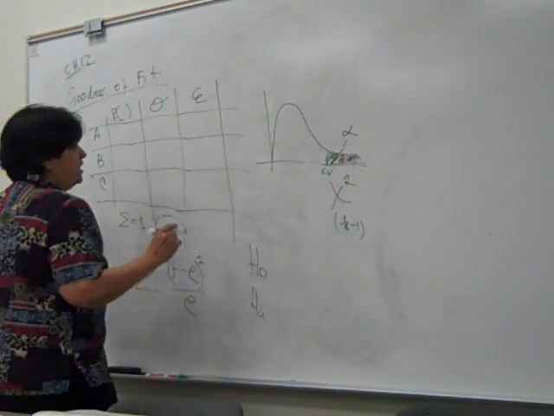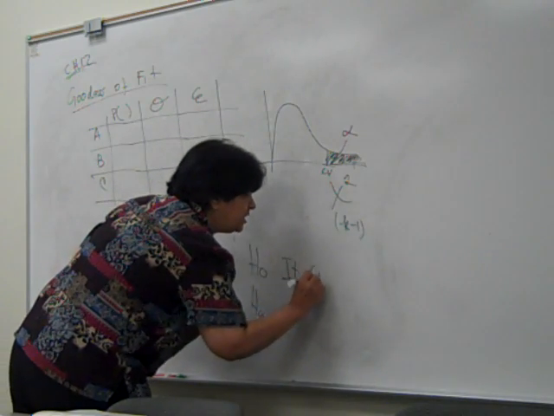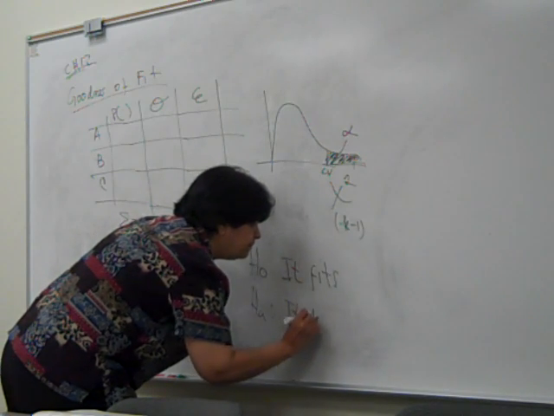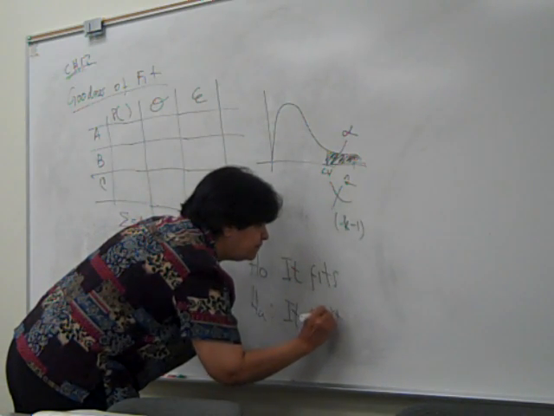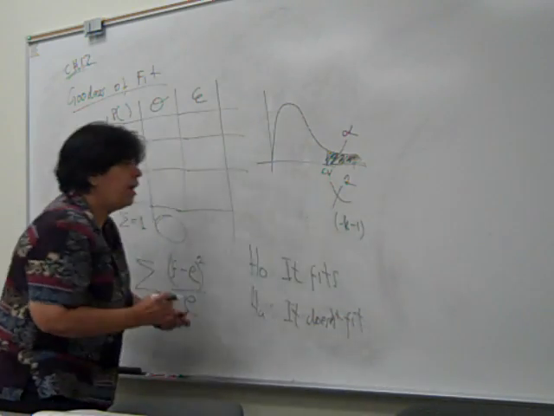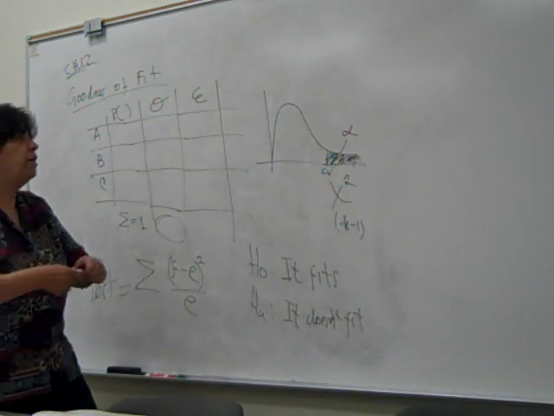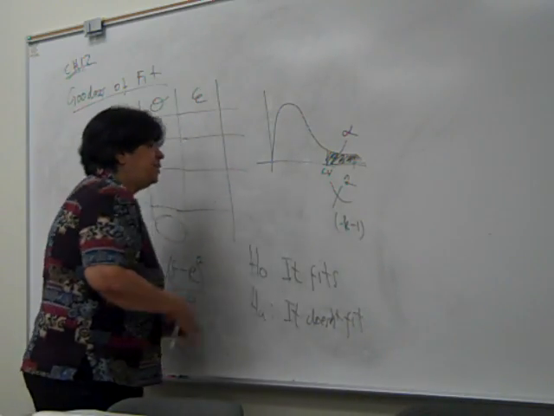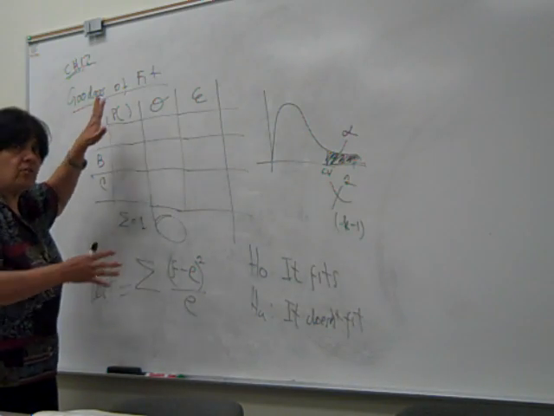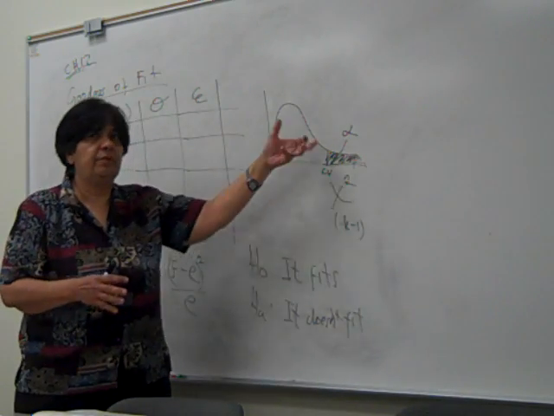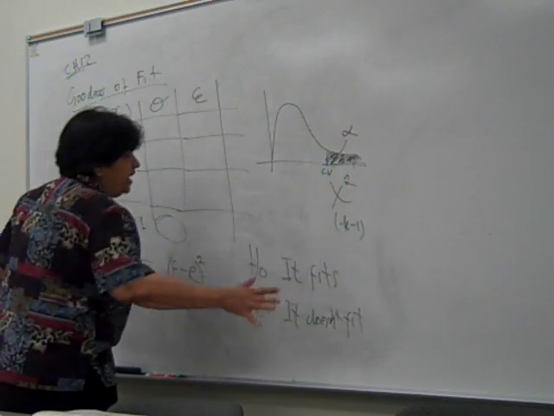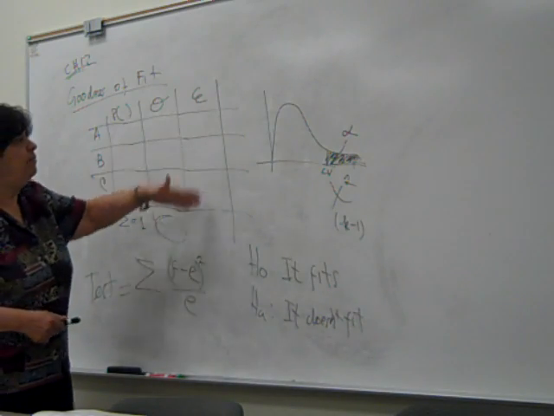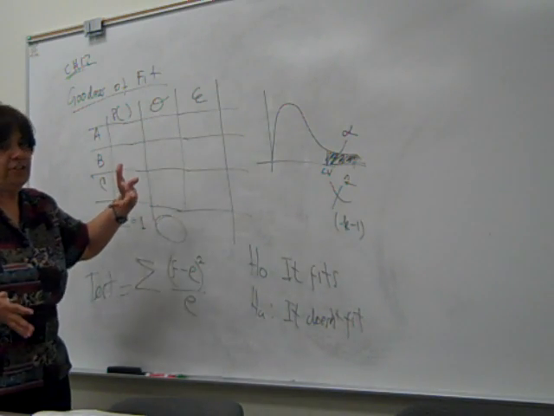The null hypothesis says that the data fits the distribution; the alternative says it doesn't fit. So it's not anymore equal, greater or less. We are dealing with whether it fits this particular distribution or it doesn't. There may be some calculations, but it's straightforward.